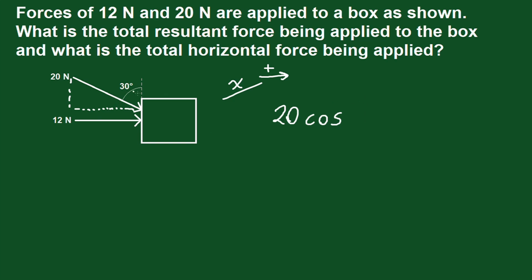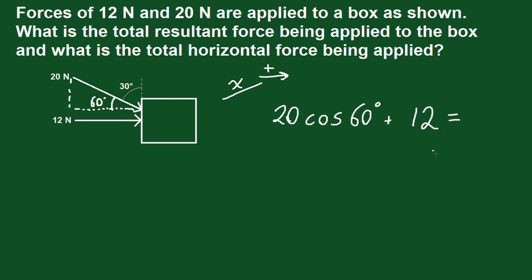Well, if this is 30 degrees, then this angle in here must be 60 degrees, right? So I'll say 20 cos 60, and I will add to that the x component of this vector. This vector is horizontal, so it's actually all in the x direction, so it would just be 12 newtons.